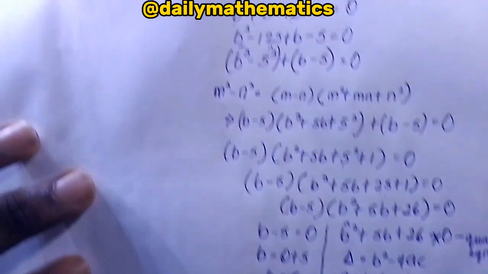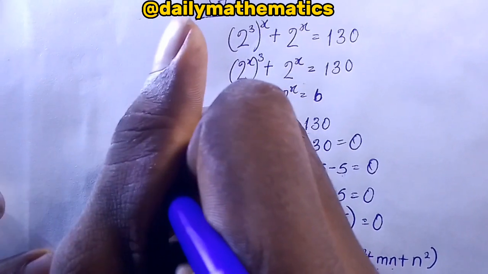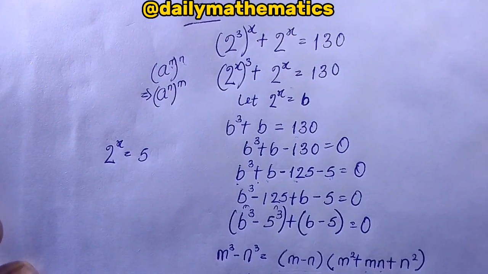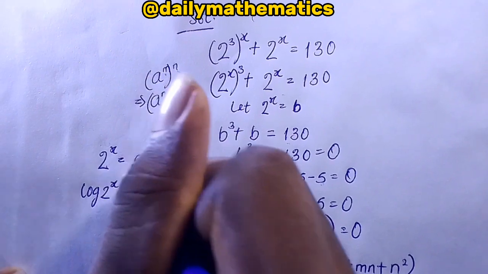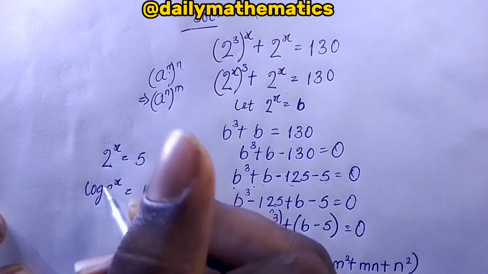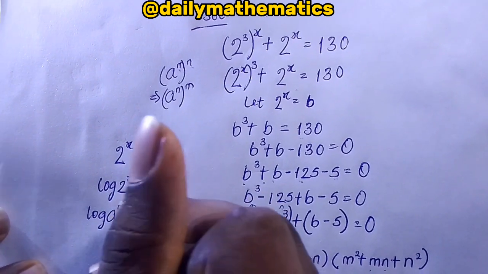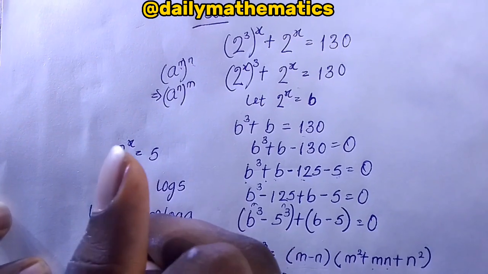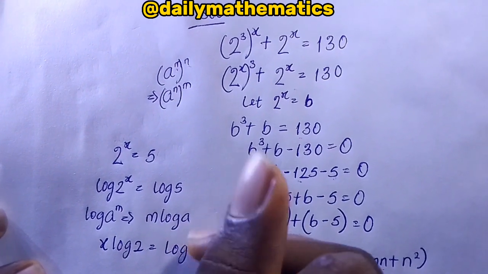From here we can take the natural log of both sides of the equation: log of 2 raised to the power of x equals log 5. When we have log a raised to the power of m, it becomes m log a. So this becomes x log 2 equals log 5.